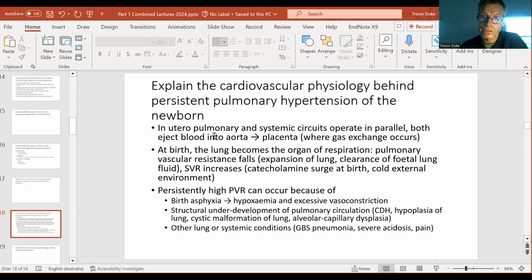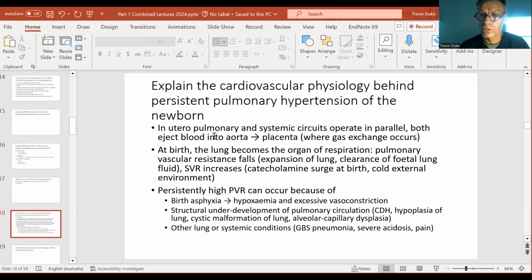But obviously congenital diaphragmatic hernia is a more common condition that can lead to severe PPHN, and that does it for two reasons. One, you've got a breach in the diaphragm, and the stomach or the bowel or other intra-abdominal organs in the chest. That's part of it, and that reduces space within the chest for the lung to expand.